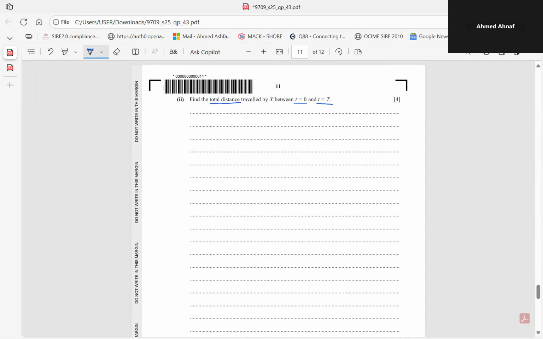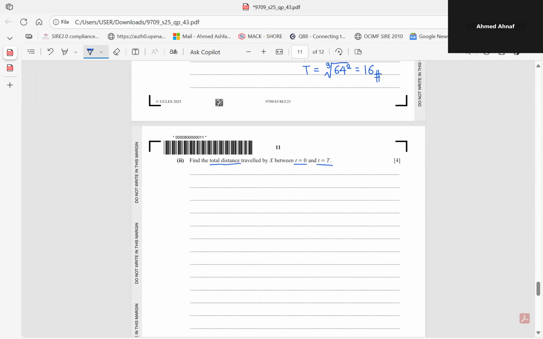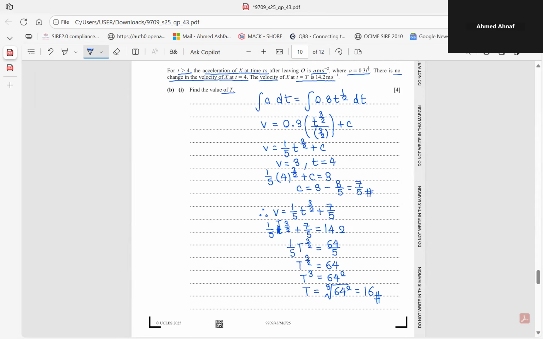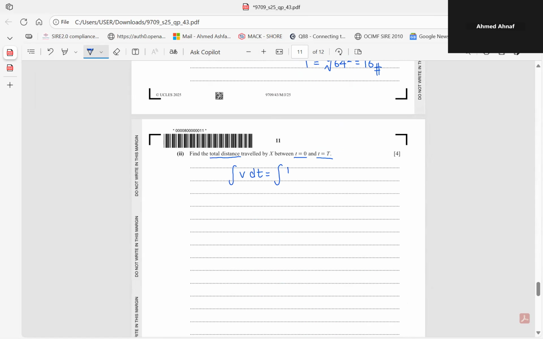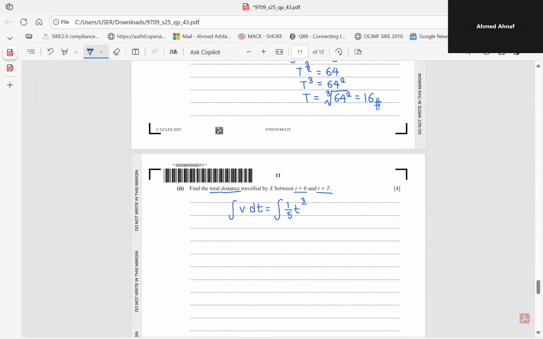To do that, you take your velocity function, which is right here, and integrate both sides with respect to t. So this is 1 over 5 times t to the power of 3 over 2 plus 7 over 5 dt.